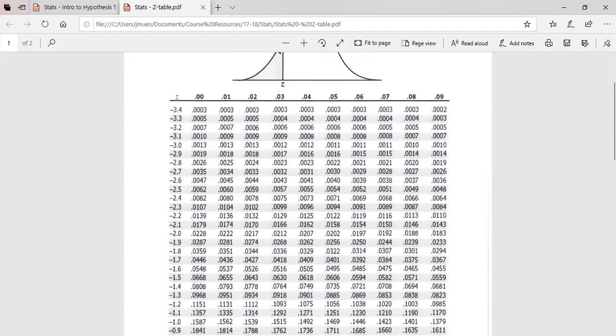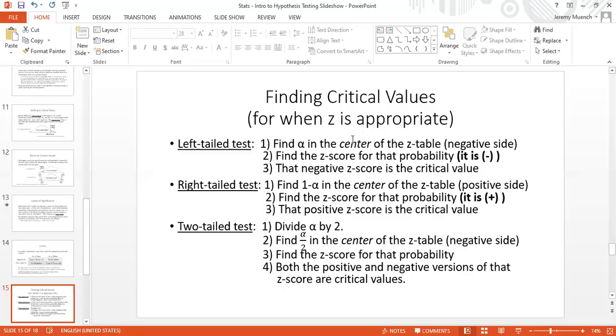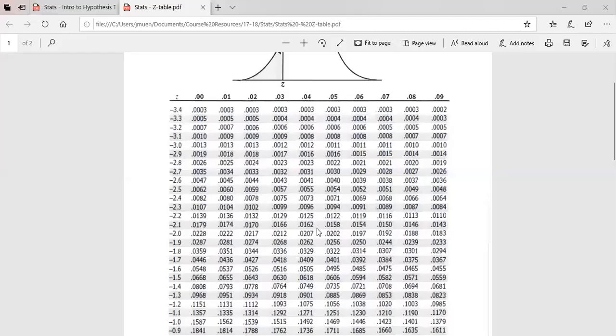And then what we're going to do from there is find the z-score for that probability. And it's going to be negative. So the z-score for something like alpha equals 0.05 would be right here, negative 1.645.